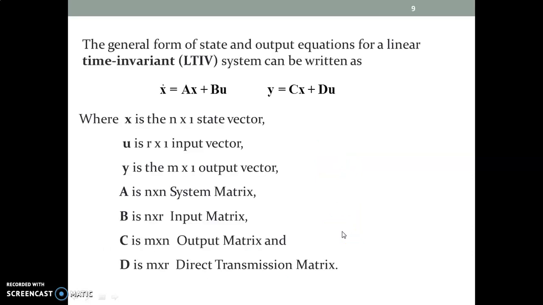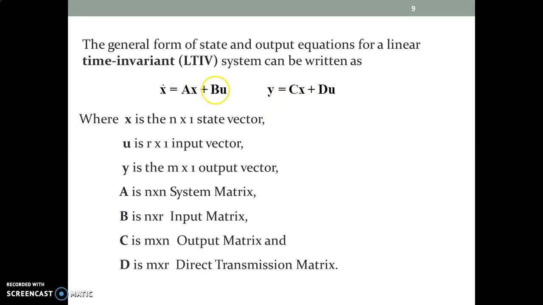Next, the general form of state and output equations, or the state model for a linear time invariant system, can be written as x dot equal to Ax plus Bu, and the output equation is y equal to Cx plus Du. First one is the state equation and the second one is the output equation.